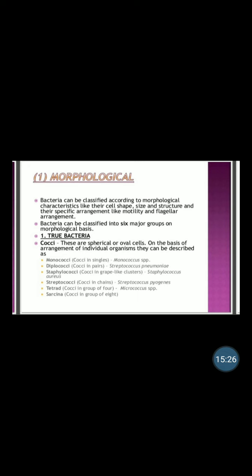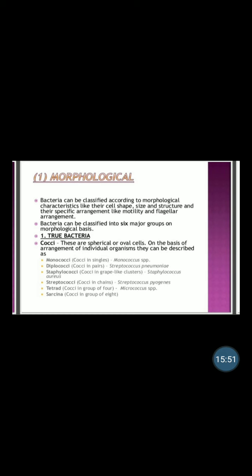Then streptococci, that is cocci present in chain, for example Streptococcus pyogenes. Then tetrad, cocci present in group of 4, that is Micrococcus species. Then Sarcina, that is cocci in group of 8.